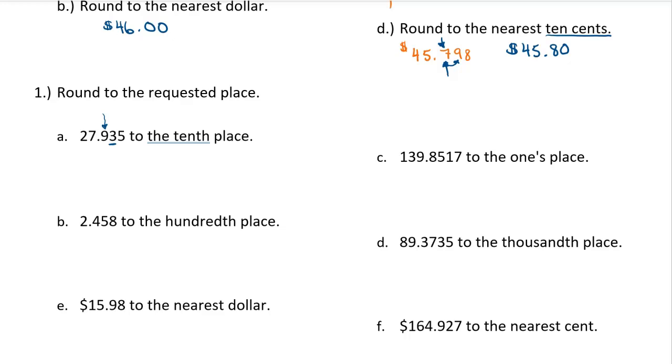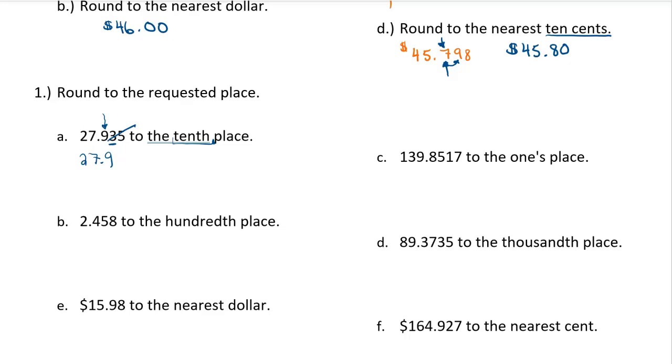If it's 5 or greater, then it does. Well, 3 is not 5 or greater, so that means that my 10th place is unchanged. So I'm going to just drop those off, and I get 27 9/10.